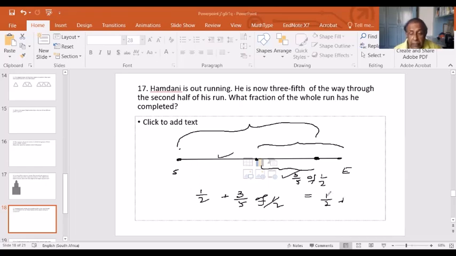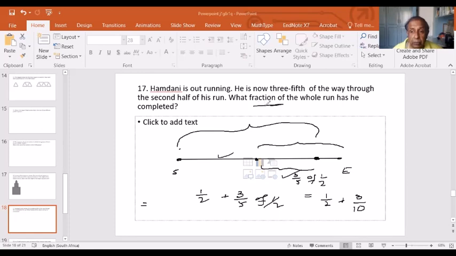Leave the first half intact for the moment. 3/5 of half is 3/5 times half. So the numerators, if you multiply, 3 times 1, and the denominator is 5 times 2, which is 10. So 3/5 of half, of means times, is 3 times 1, which is 3, 5 times 2, which is 10. So this is what we have to add, a half plus 3/10.